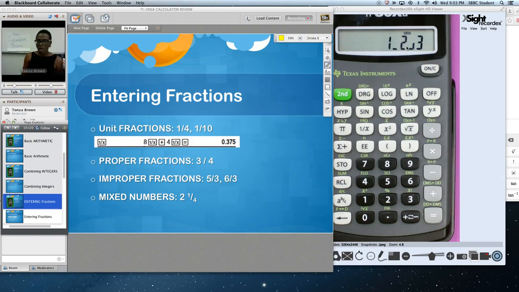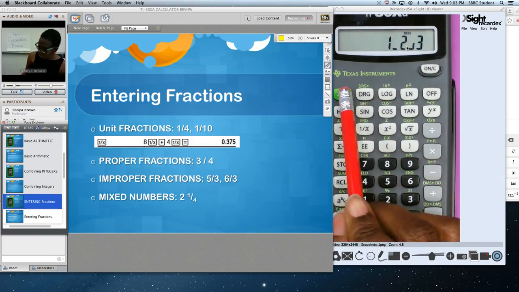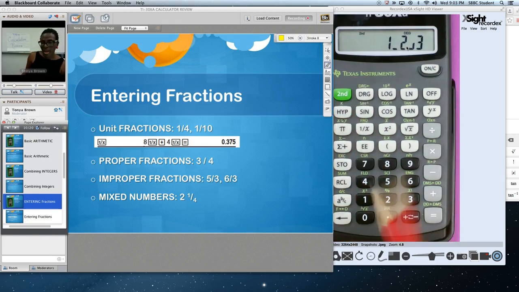Watch what we're going to do. We're going to press the second key, and then we're going to access this key right here because we want to access this D over C. This D over C right here is actually going to represent us changing back to an improper fraction. So we press second key. Let's hit that key and look what it does.